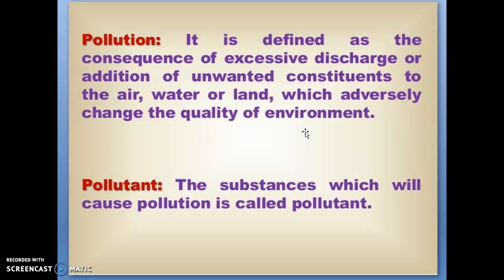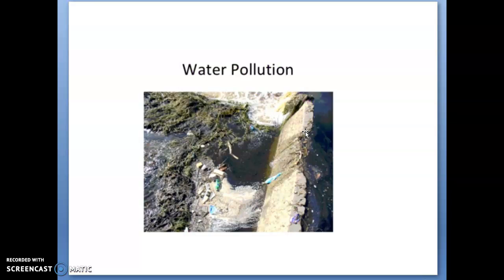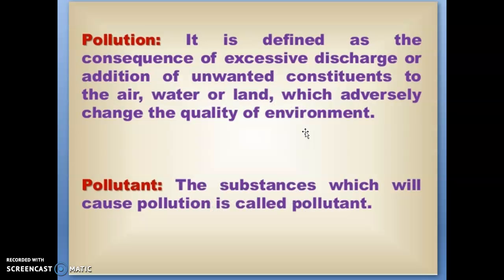They are not broken down by natural processes and therefore continue to accumulate in the environment from the continued release. Examples are toxic metals like lead, cadmium, mercury, etc. So this is the broad classification of pollutants. Thank you.